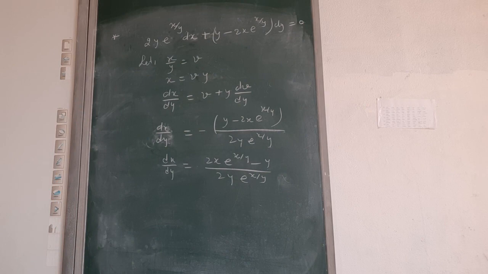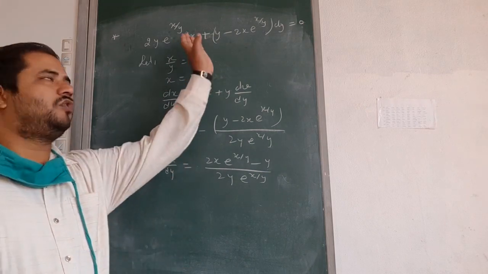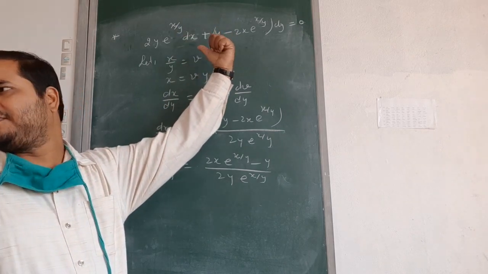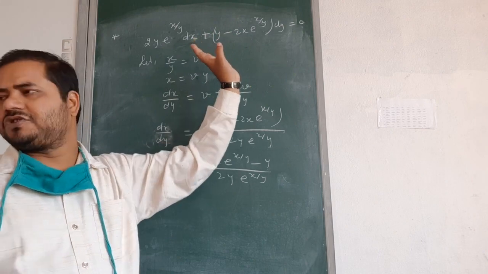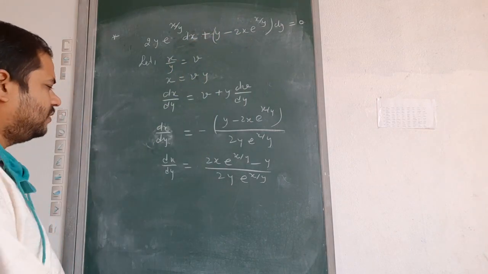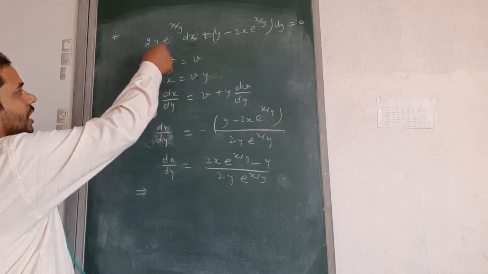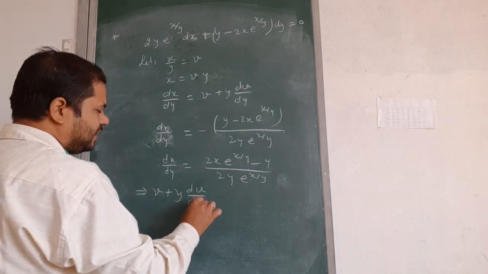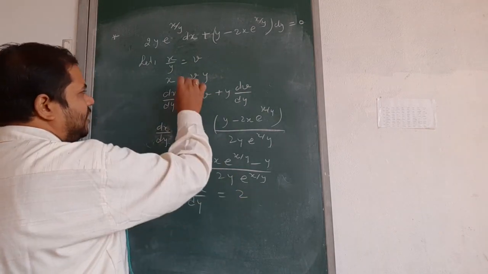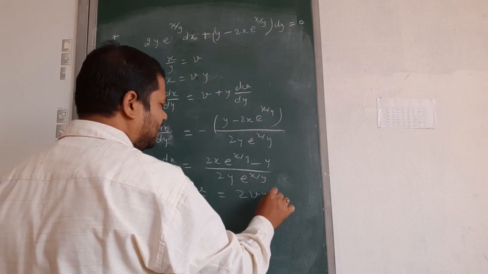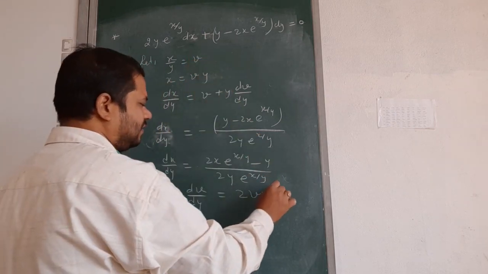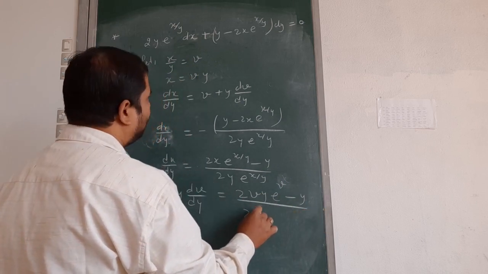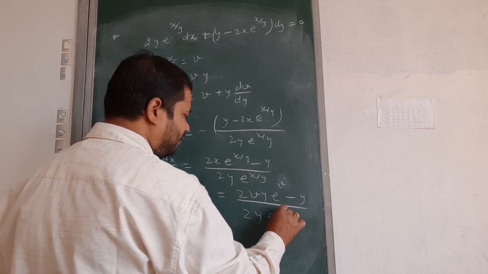Clear? And you know how to check the homogeneity? You may check it: at the place of x put lambda x and at the place of y put lambda y. It is given in the question also. So this one is dx upon dy. At the place of dx upon dy, v plus y dv upon dy is equal to, at the place of x putting vy, 2vy e to the power x by y minus y divided by 2y e to the power v.